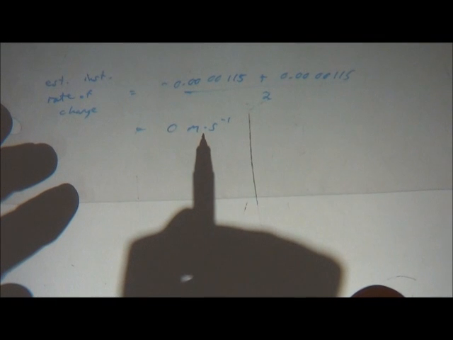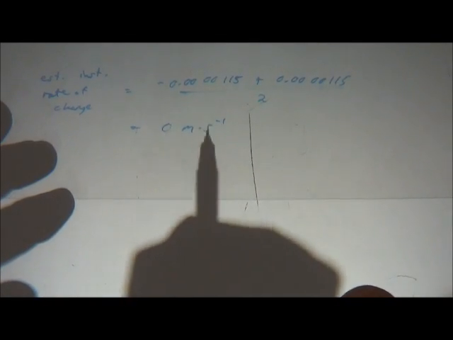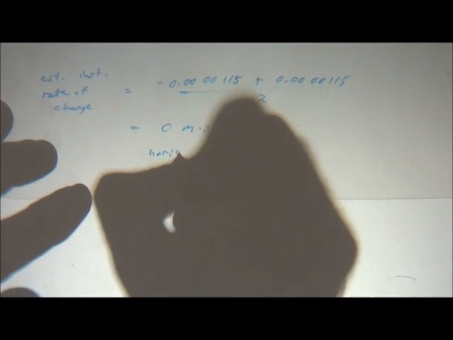So because we have 0 meters per second, and what we saw earlier in the lesson, that when you have 0 meters per second, that's a zero rate of change, which means that there's a horizontal tangent, and that means that it's either a maximum or a minimum.